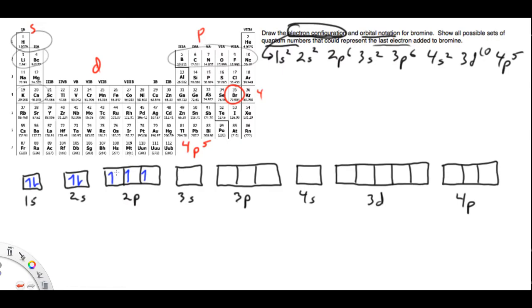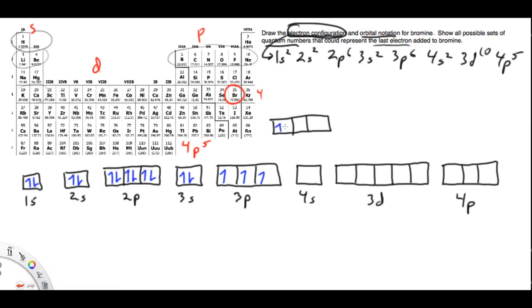Well, now it's too much energy to shove him over to 3s, so we have to fill these orbitals. And now we're going to do 3s. We fill him. Okay, 3p, half filled. Notice these all have parallel spin. We would not do something like this. This would be wrong.